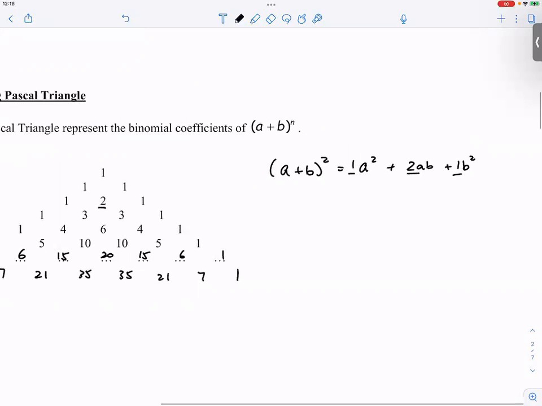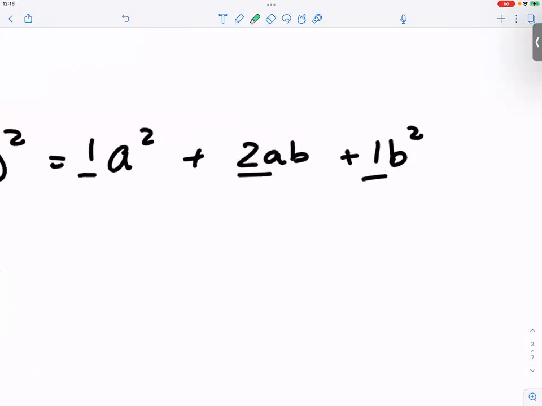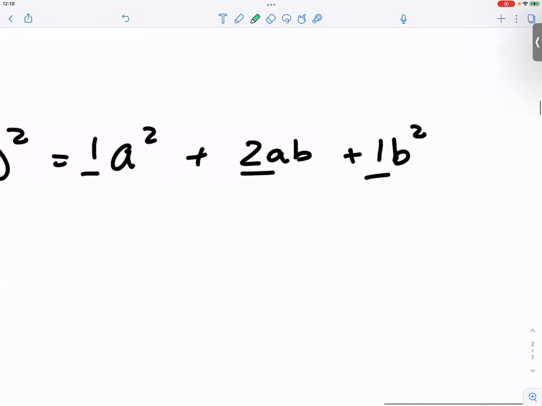We saw that here, right? So the brilliance of Pascal's triangle is that it helps us get the coefficients of these terms. And if you observe the terms, there's one more pattern that you should see here.